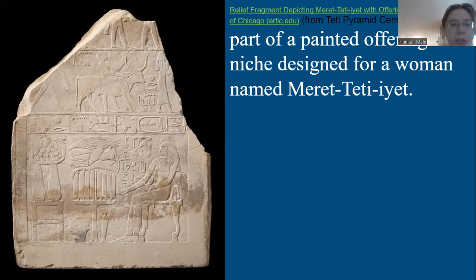So you see her here in front of an offering table, and different goods and provisions are being brought to her. This was originally part of a larger niche within her tomb, and that's why you see these goods being brought. And her name is here.